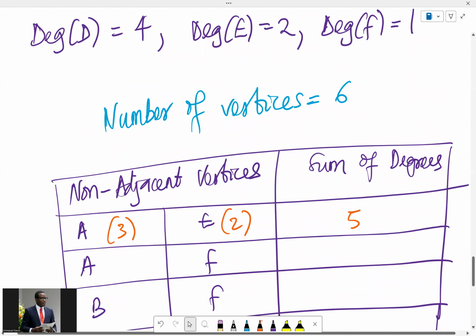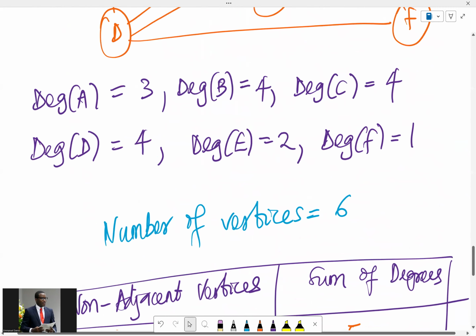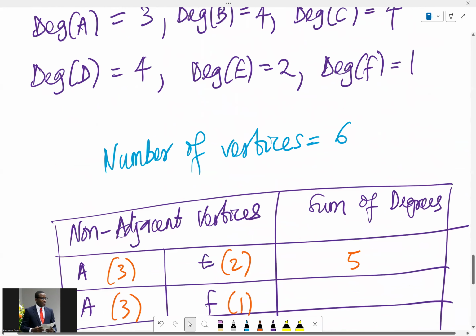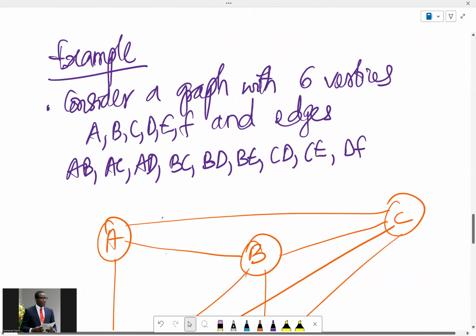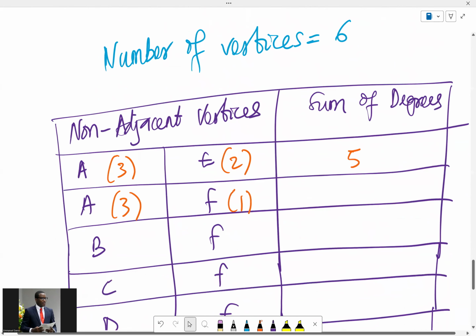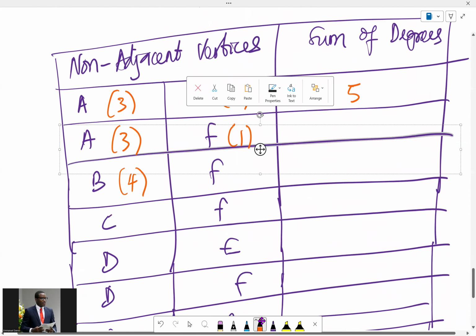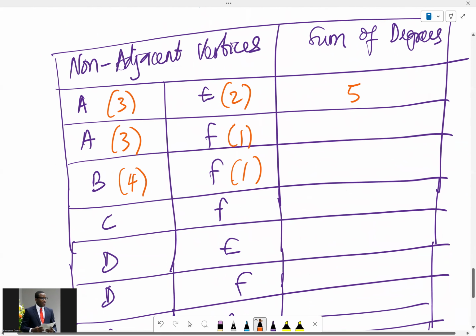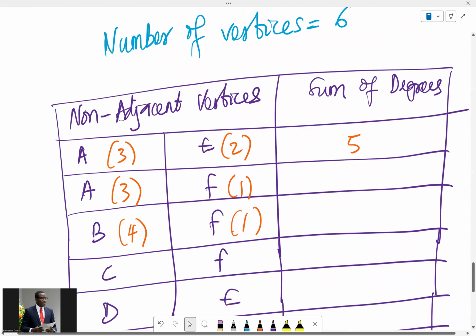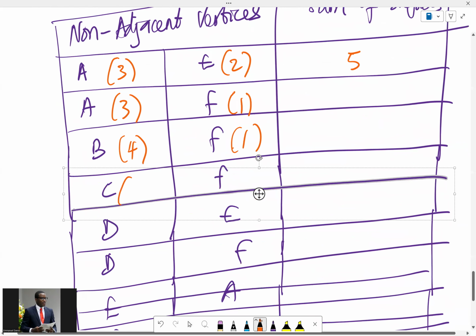Okay, well let me just do it for the sake of it. The degree of A is still 3, and the degree of F is 1, because DF is the only thing we have. The degree of B is 4, and the degree of F is still 1. The degree of C is 4, F is 1.